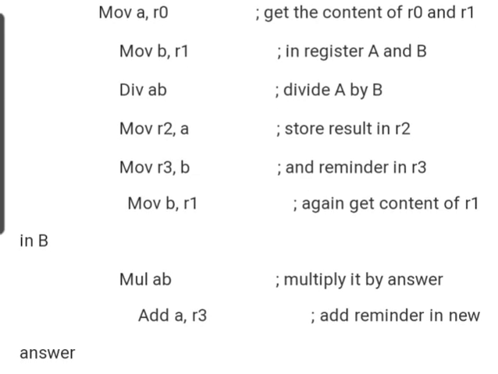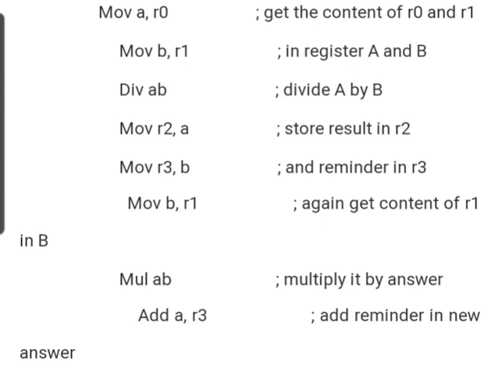After getting the answer, to restore the original content, we have to multiply the answer with the divider and then add the remainder to that. So first we get the contents of R0 and R1, then the contents of R1 in B, then divide A by B. This division result is stored in register R2 and the remainder will be in R3.